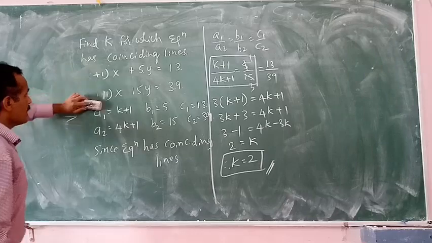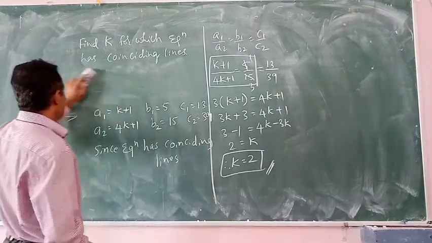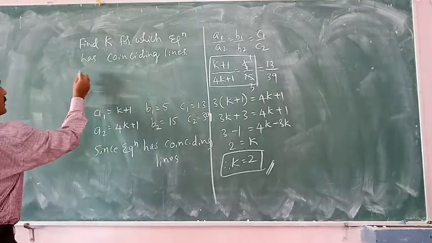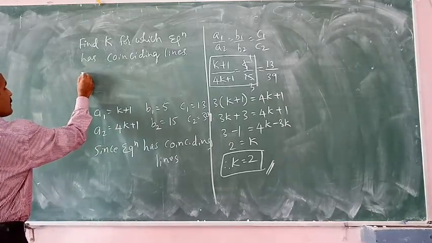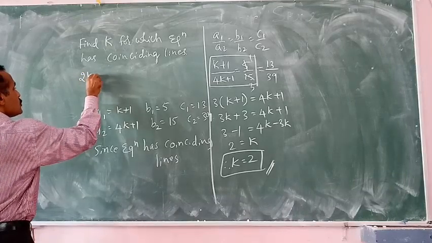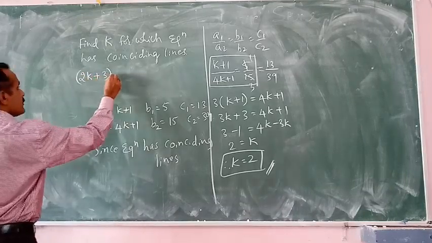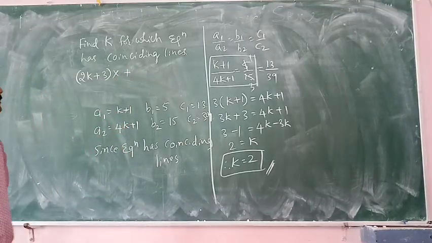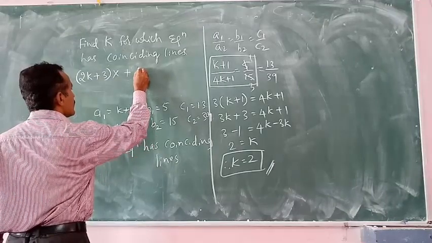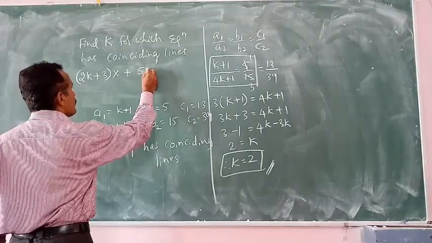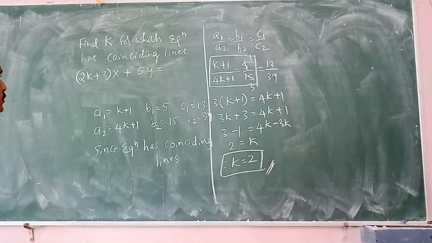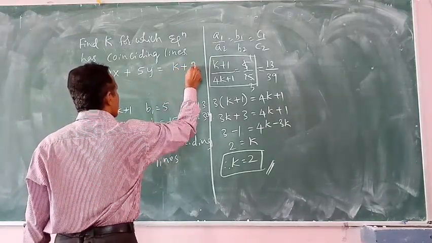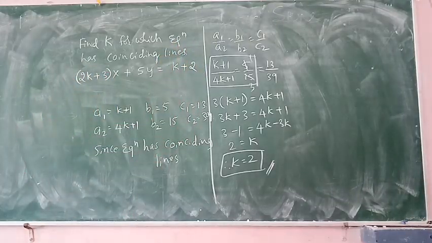Let us take one more equation. It is (2k plus 3) into x plus 5y is equal to k plus 2.